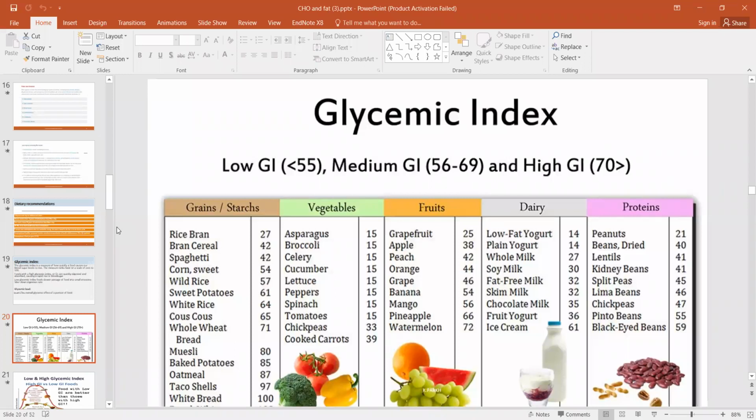These are different glycemic index foods, showing that low glycemic index food has a figure of less than 55, medium glycemic index falls between 56 to 69, and high glycemic index food is more than 70. And there are different food groups and these numbers show their glycemic index.